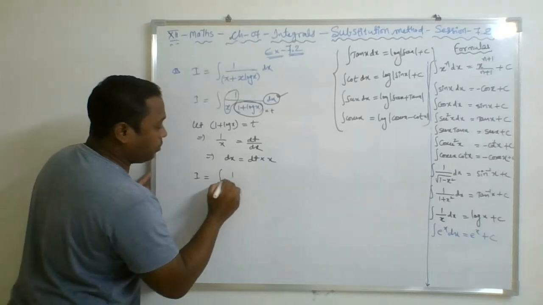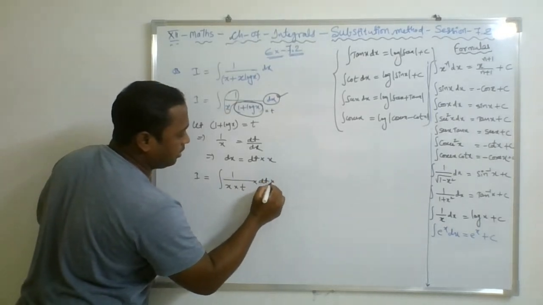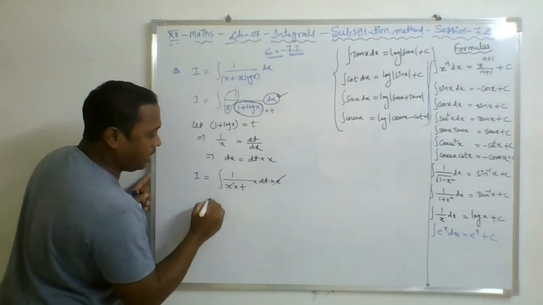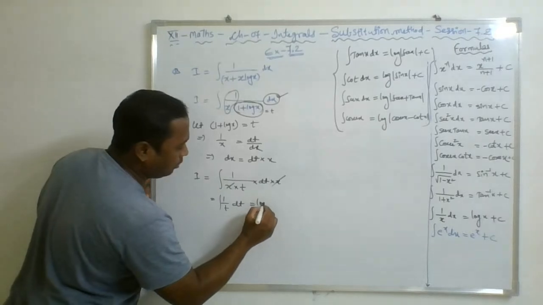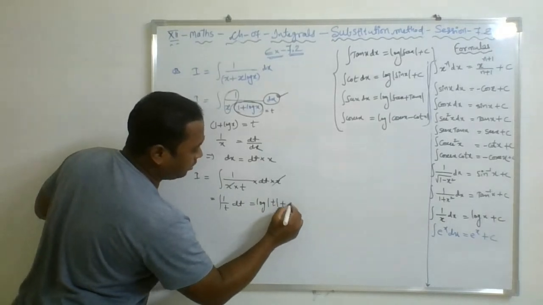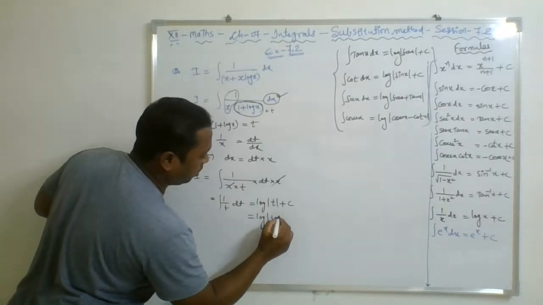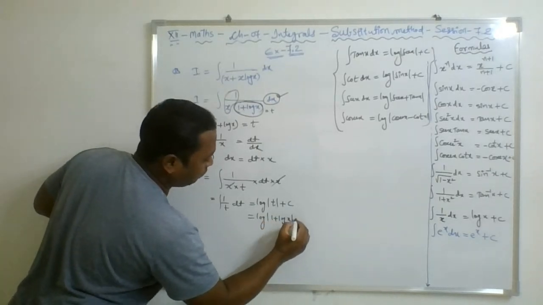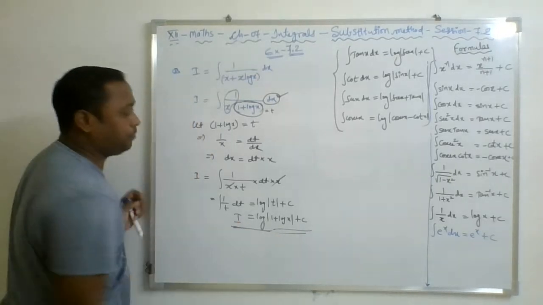I is equal to 1 by x into t into dt into x. x gets cancelled. So 1 by t into dt, that is equal to log of modulus t plus c, and t has to be replaced with the original function, hence it will be like this. So this is your final answer.